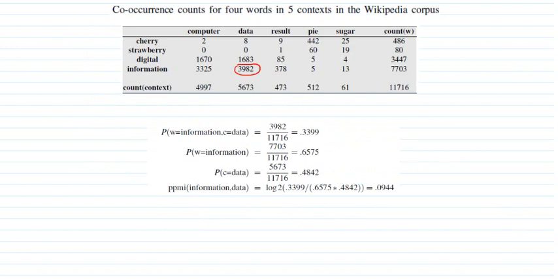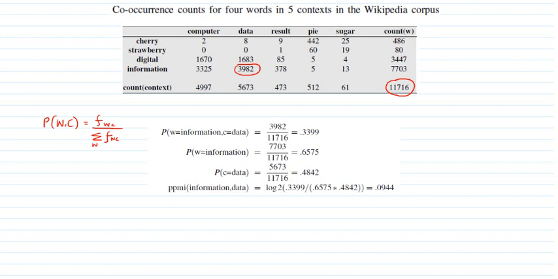And this is the total number of words, right? So P of W comma C is F i j, the frequency of W C, divided by the summation of the frequencies of all words with all contexts.